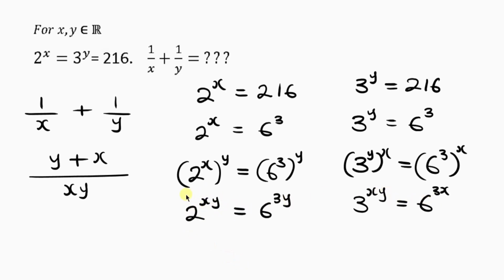That means I'm going to be multiplying this by this, and this by this other side. So let's go. 2 to power xy multiplied by 3 to power xy equal to this side, 6 to power 3y multiplied by 6 to power 3x. So everything is looking well and good. So let's move forward and see what we have next.